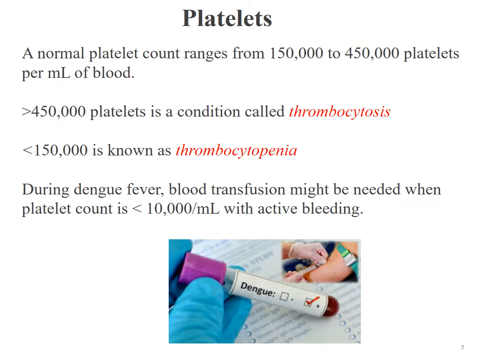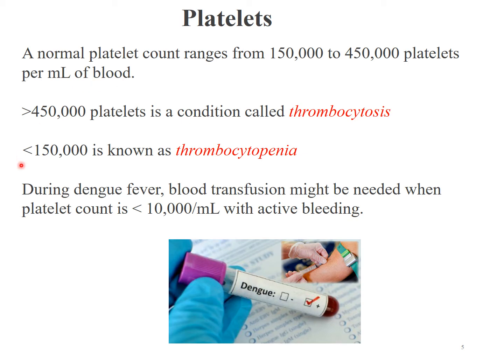For a healthy person, your platelet count should be in the range of 150,000 up to 450,000 cells per ml of blood. Higher than this value is called thrombocytosis, while lower than this value is called thrombocytopenia.